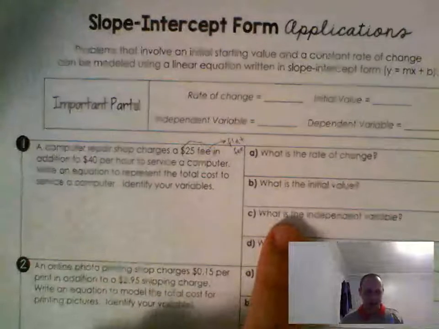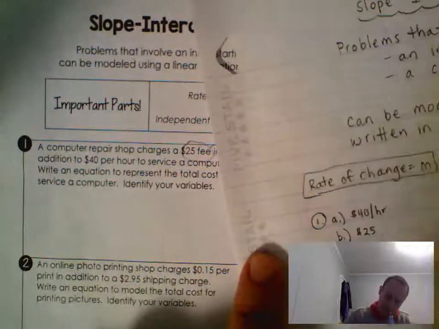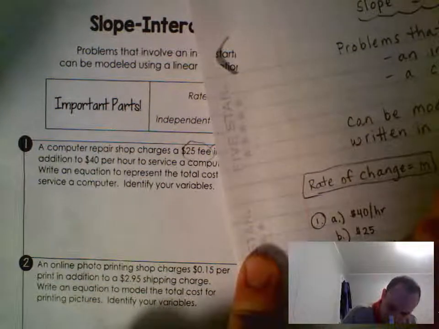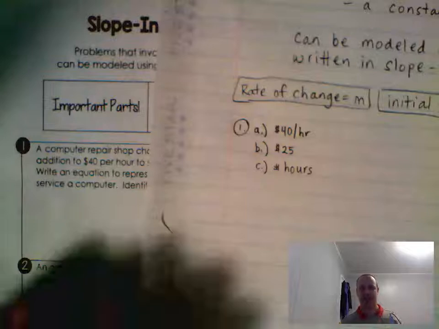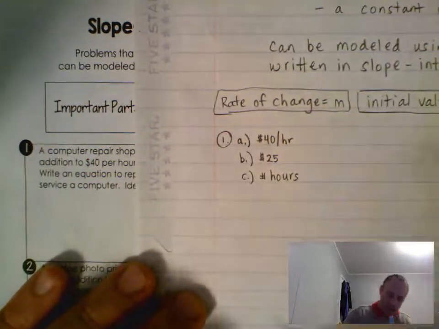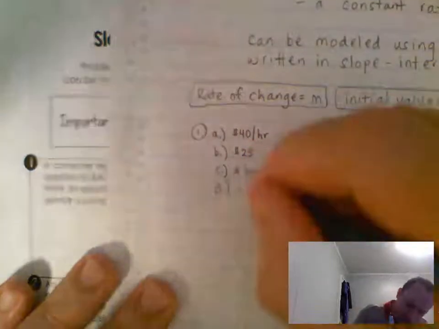What is the independent variable? The independent variable is the number of hours. I'll get back to that in just a second. And then D, the dependent variable, is the cost.